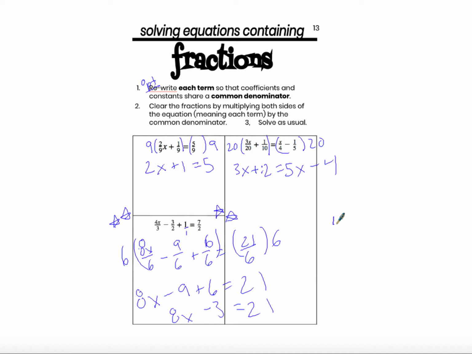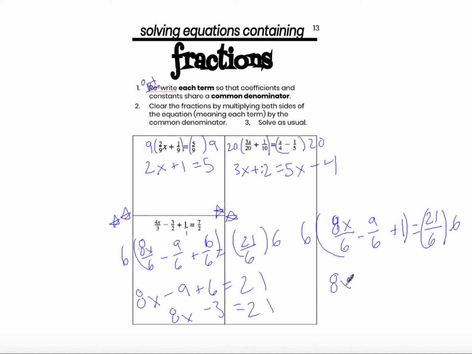This is a problem where I think it is okay, and a lot of students are successful, rewriting each fraction term with that common denominator, keeping the whole number as a whole number, and then just remembering when you multiply by 6, you're not just crossing out that term somehow.